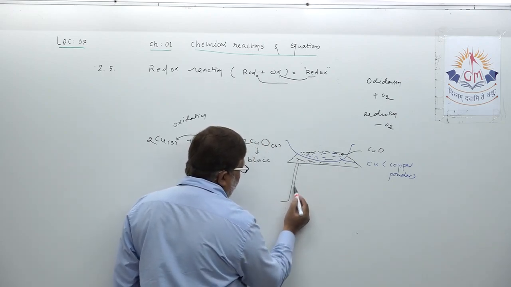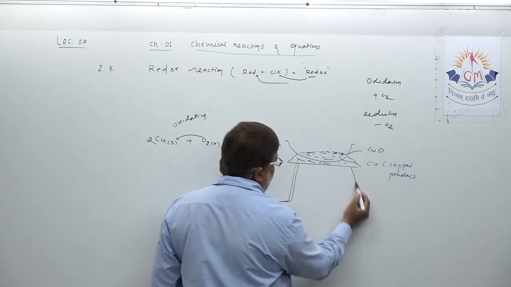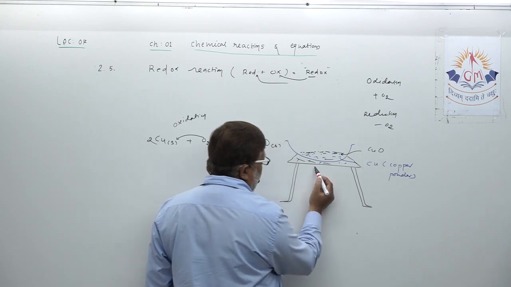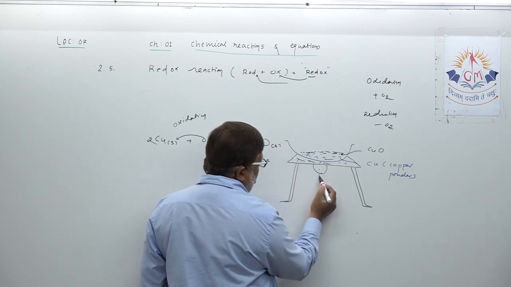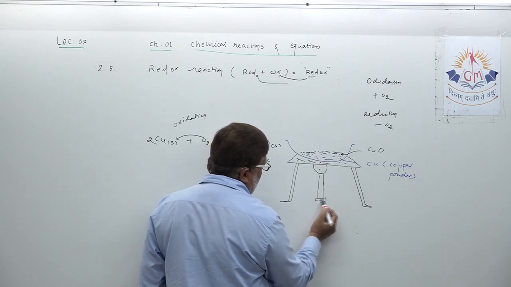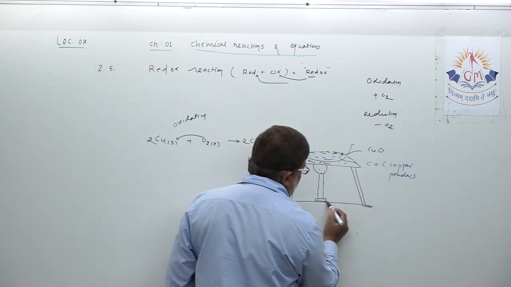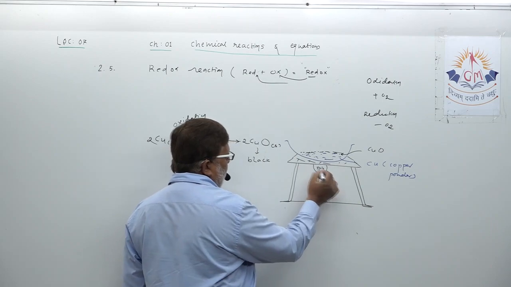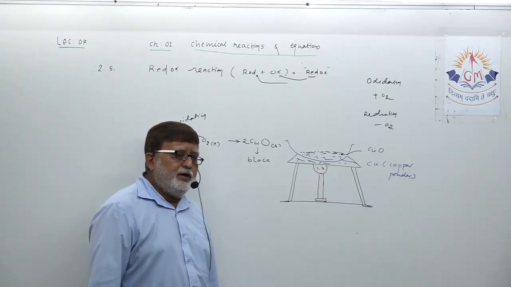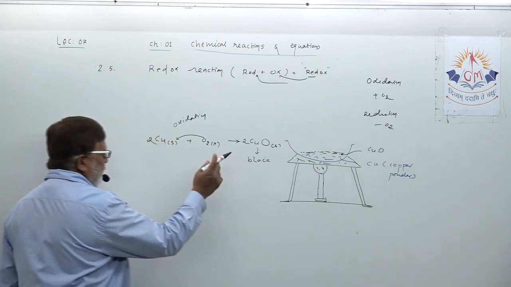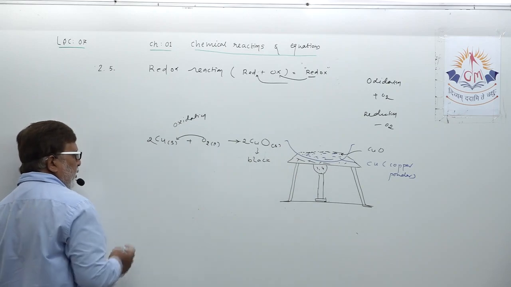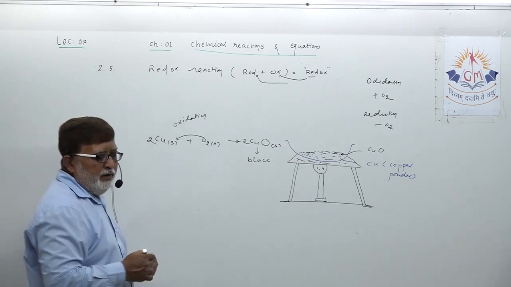They have shown a burner here. Now if you start heating it with the help of the burner in the presence of hydrogen gas, this black colored coating disappears and immediately you will see the original color.